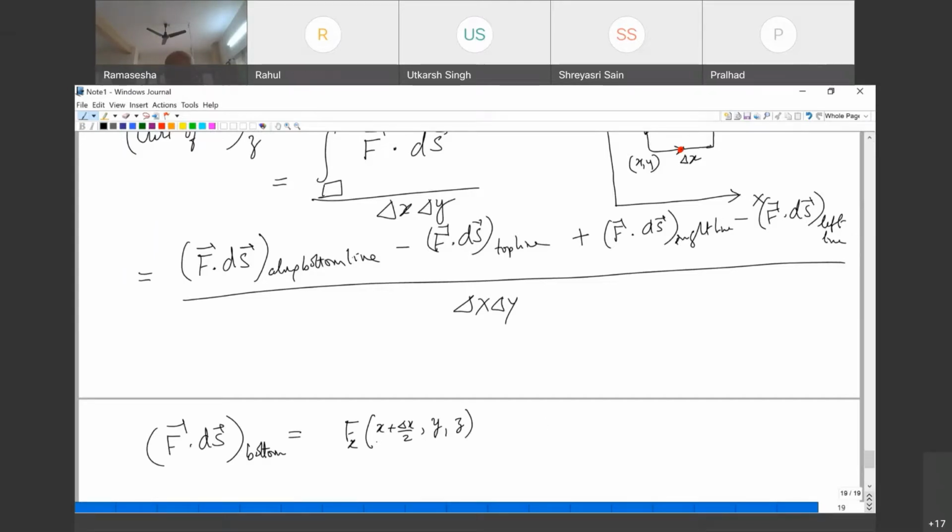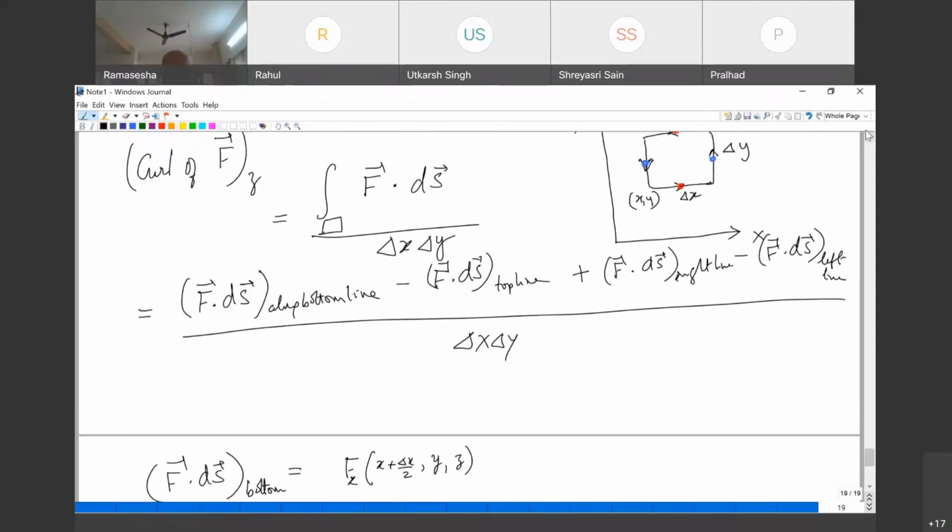Is that correct? No, let me see what I have done. This is delta x by 2. So for integrating along the x axis, I have to take the midpoint.